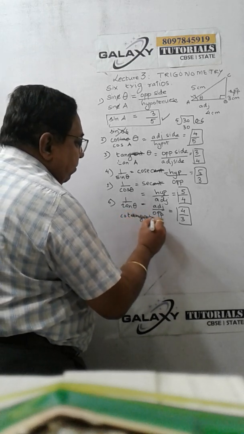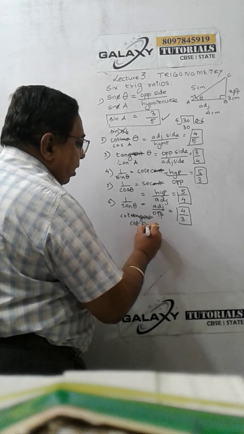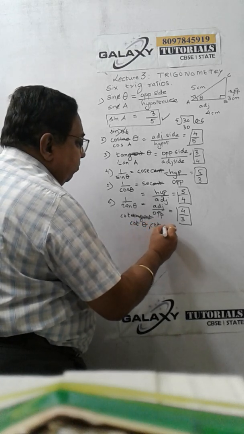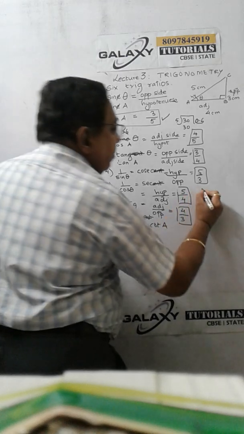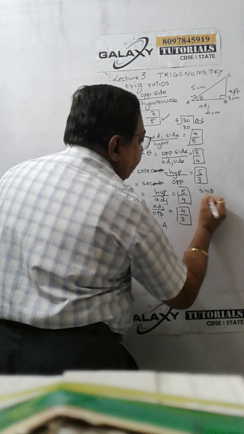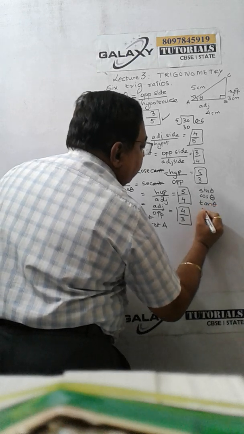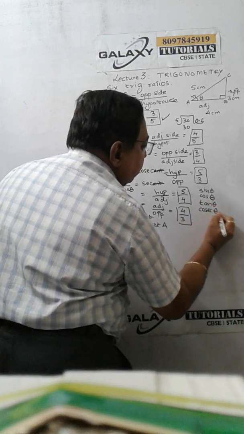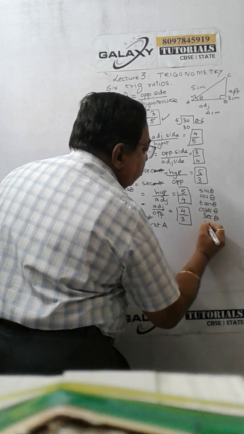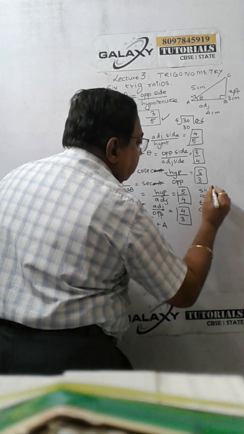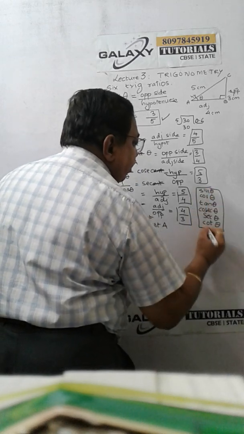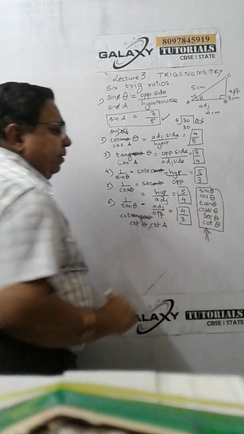Cut everything, cot theta or cot A. So once again, just to revise, sine theta, cos theta, tan theta, cosec theta, sec theta and cot theta are the 6 trigonometric ratios I should remember.